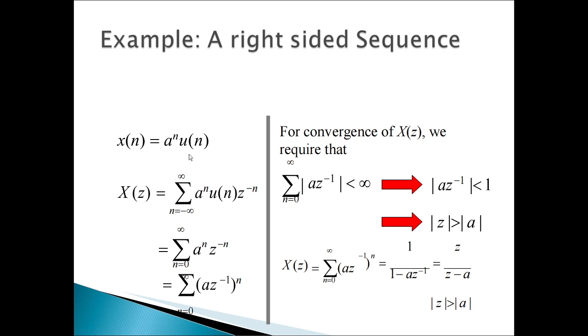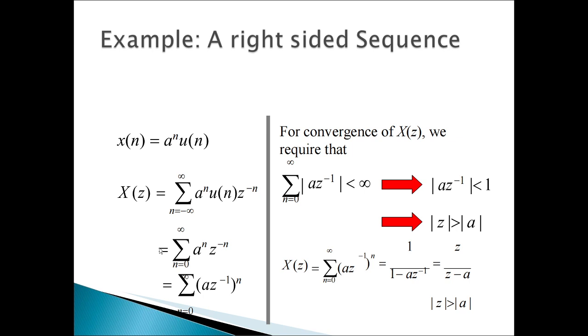If n is less than 0, u(n) is 0 only. So we need not consider minus infinity to 0; simply we can consider from n equals 0.